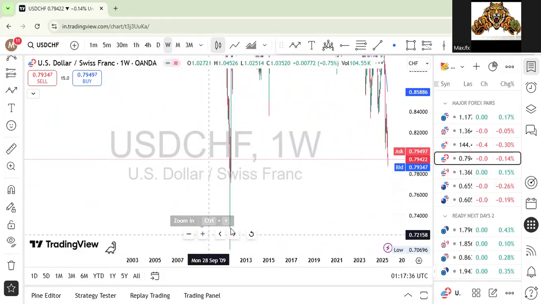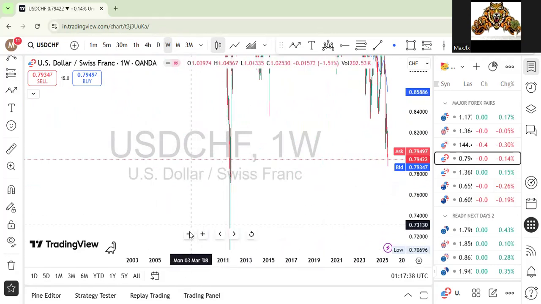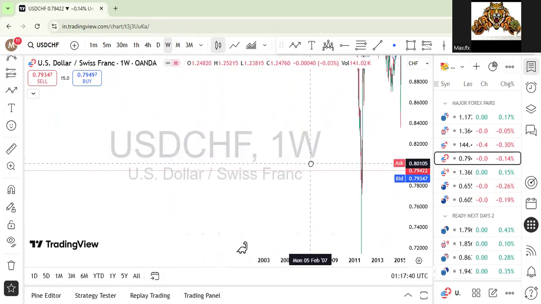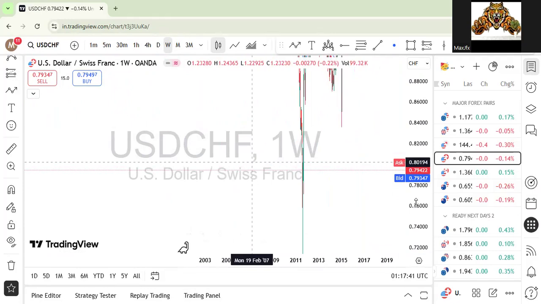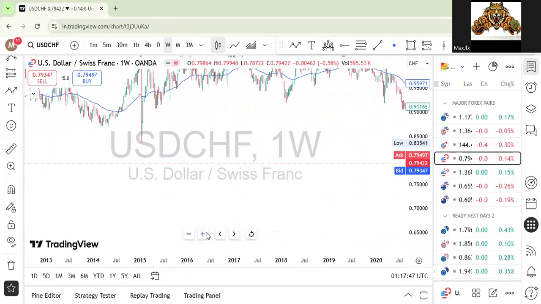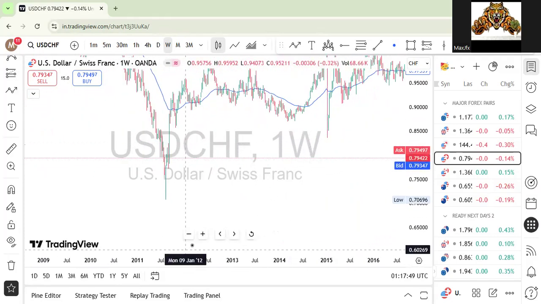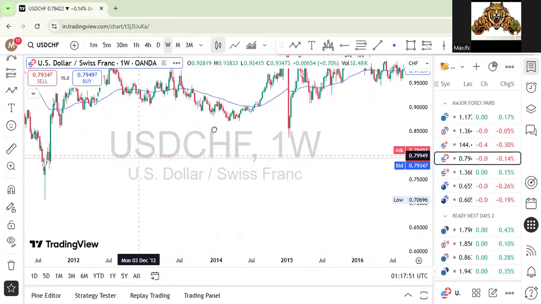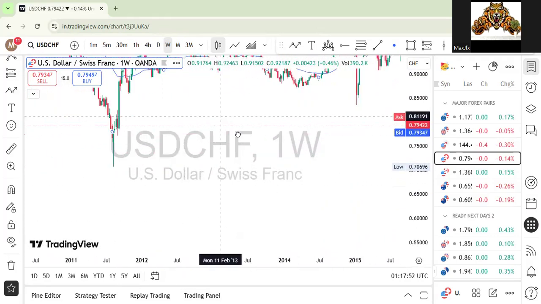There are no zones. Okay, so there's a zone right here. There's only one zone right here, and that is the only zone that will work for us. There is no other zone. So because there's only one zone, we are going to use it.